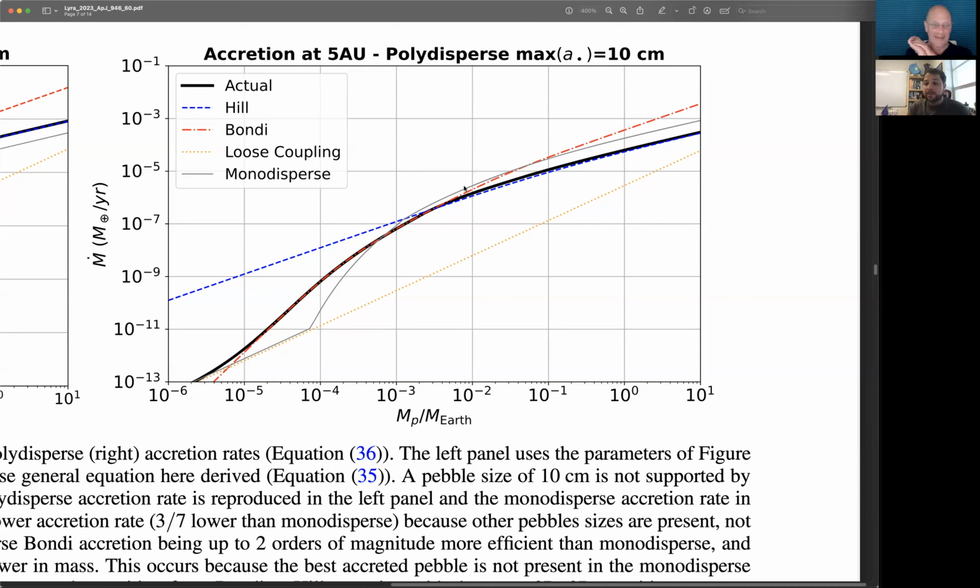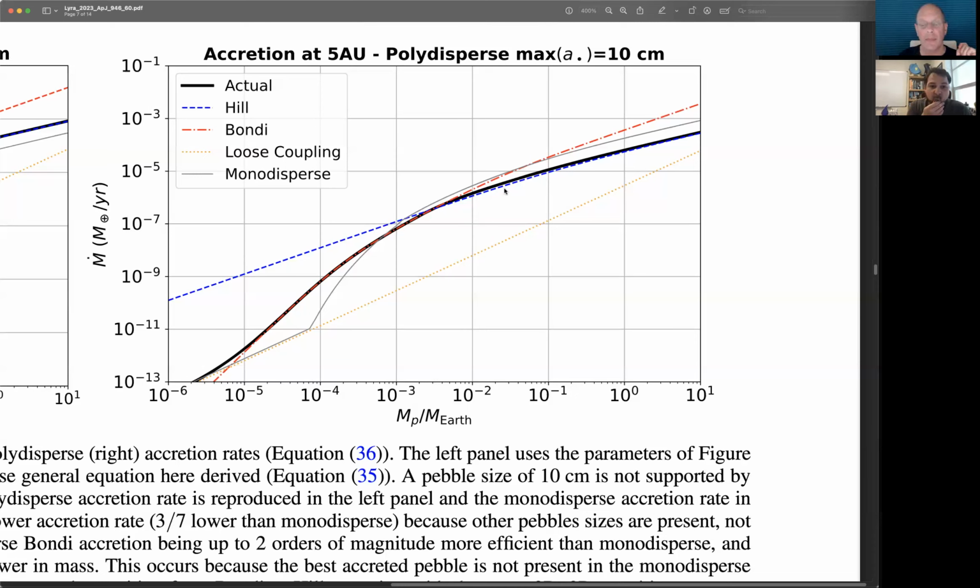So in the theory of pebble accretion, you pass from the geometrical, loose coupling regime, to the Bondi, and then to the Hill. What this plot shows is that the biggest difference is in the Bondi regime, the red line.